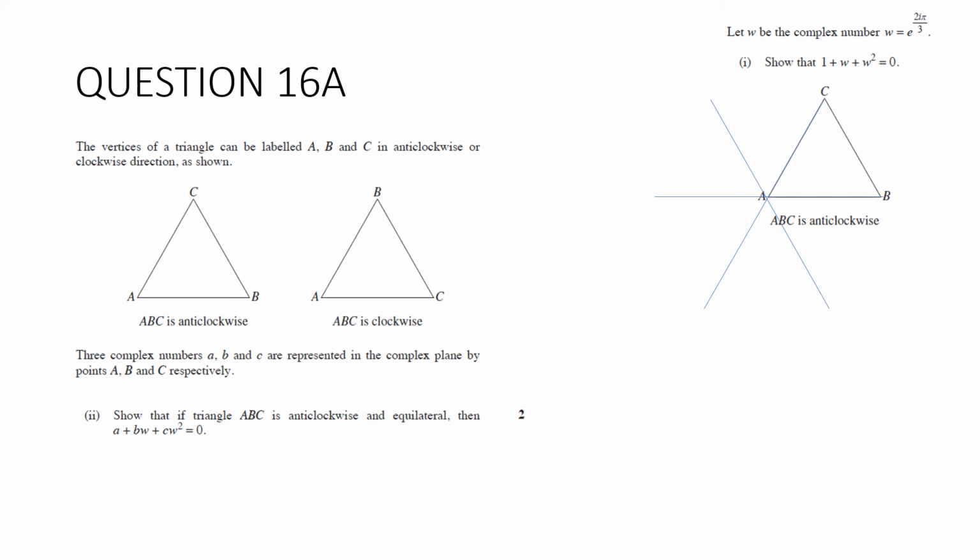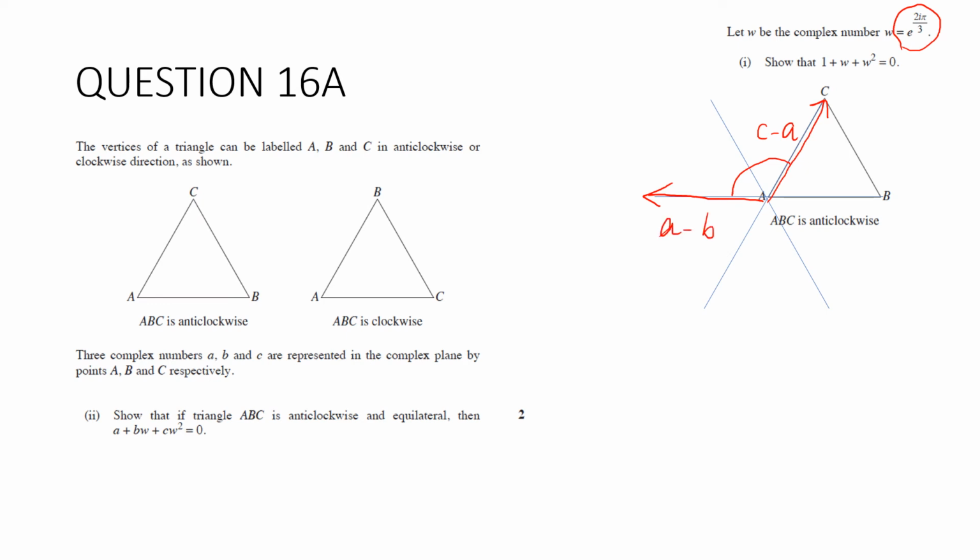I quite like this question because w is a rotator of complex numbers in the complex plane, and it rotates anti-clockwise by 2 pi on 3, and it doesn't change the magnitude because the magnitude of w is 1. So we're going to take this complex number, which is C minus A, rotate it by 120 degrees, which is this much, and it will become this here, which is A minus B. Hopefully that makes sense to you.